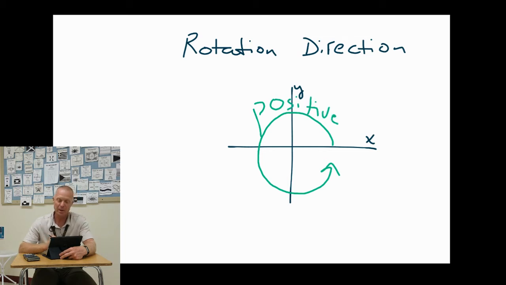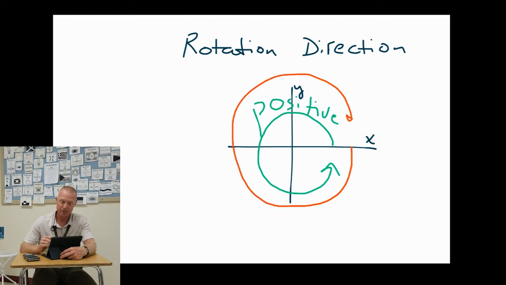And honestly, that's the way that all of our rotations have been up to this point. But you can probably guess that since I mentioned that that's a positive rotation, we have the opportunity to do what's known as a negative rotation. I want you to watch the direction I'm going, and that can also be denoted with a little rotation arrow. But when we go in that direction, that's known as a negative rotation.